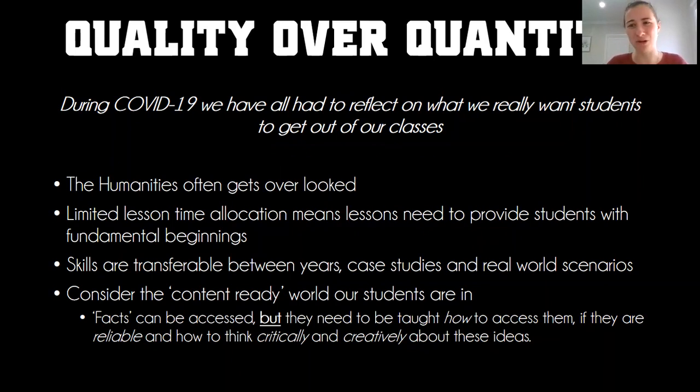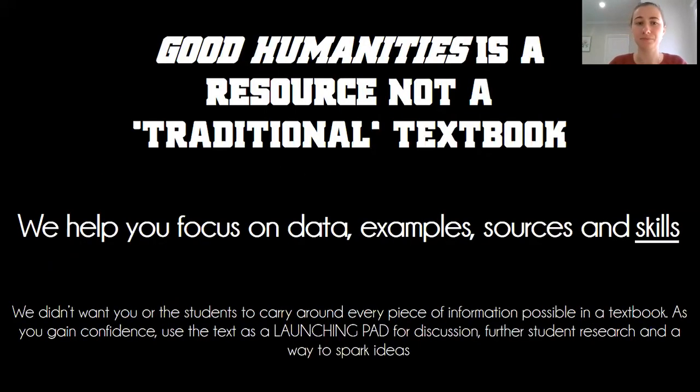We don't find maps on Google Images. Things like that. That's a skill that needs to be taught. We also need to think about reliability of sources, teaching all of these, which is transferable between history and geography and beyond. Thinking creatively and critically about ideas rather than just accepting everything that you read. So again, that is a skill, using content as context for that skill.